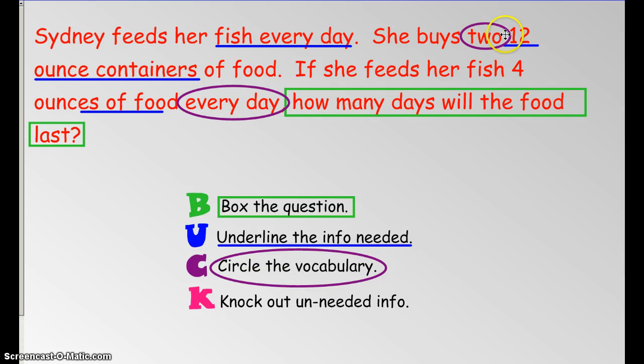And I circled 2 because she buys two 12-ounce containers. Okay, and our last step is to knock out the unneeded info. And I know that there is not extra information in this one, so I get to skip that step because all the information is needed.